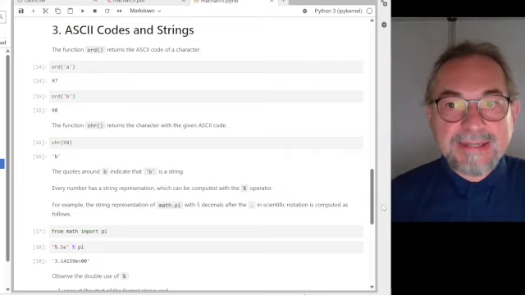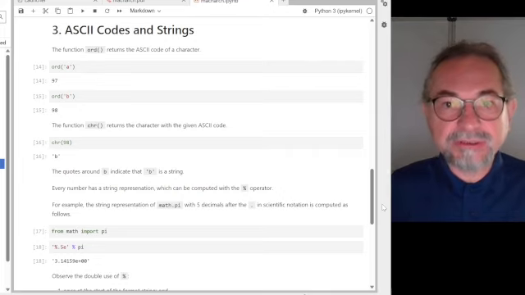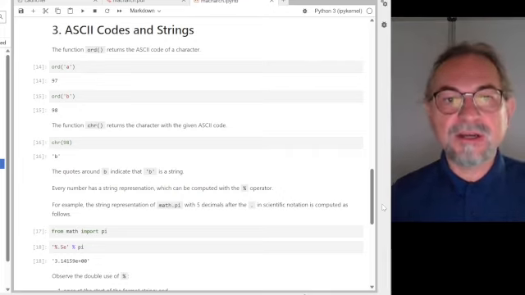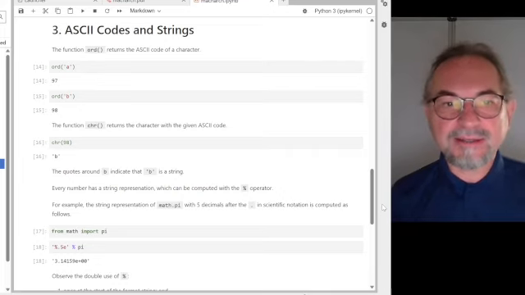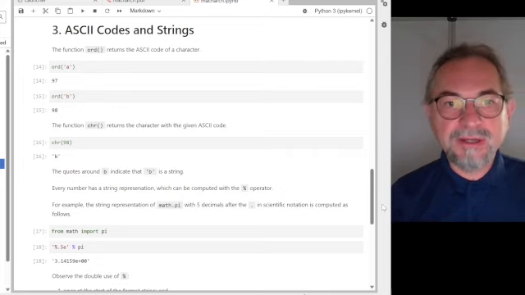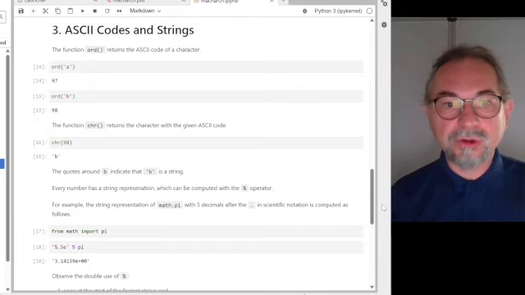Here you see the ASCII code, the convention in the American standard to represent the characters. You can go from the ASCII code into the numerical, and you can also go backwards.